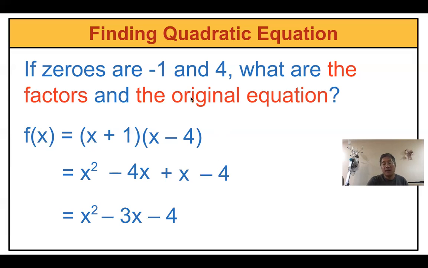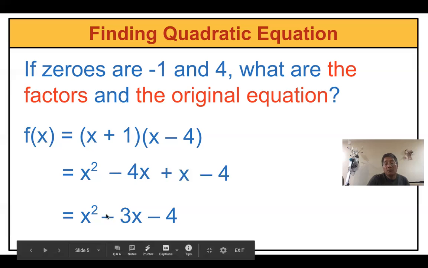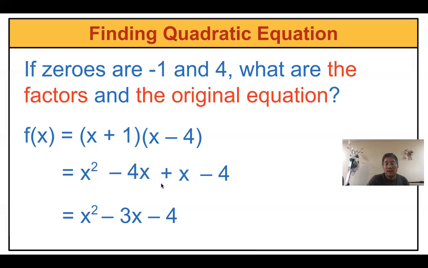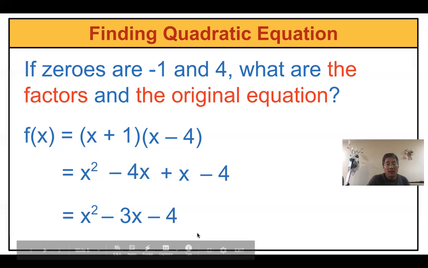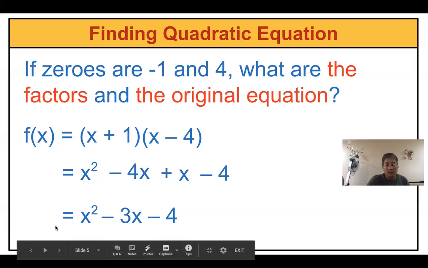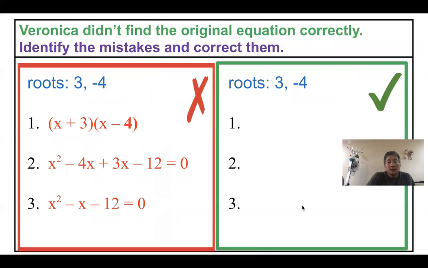So you can find the factor from each zero, and then this is the equation, but you can change it to the standard form by FOIL, right? So these and these are equivalent equations. All right. Then we'll have an error analysis.